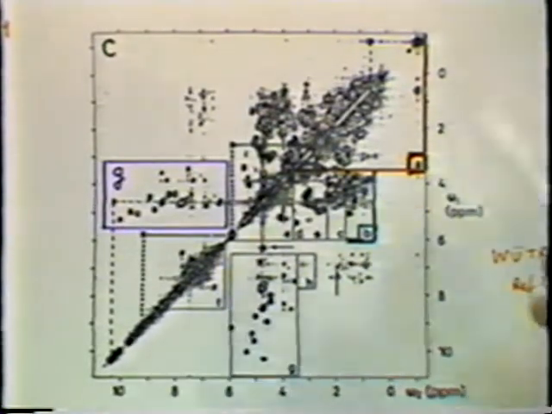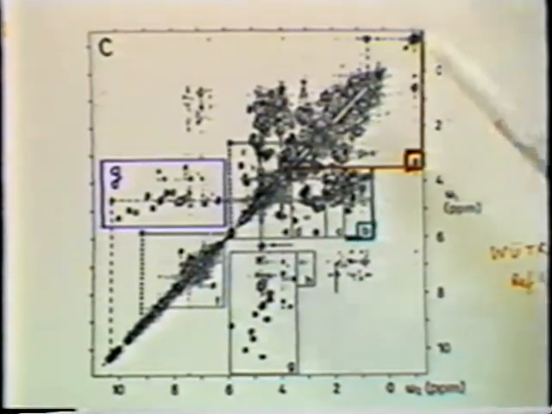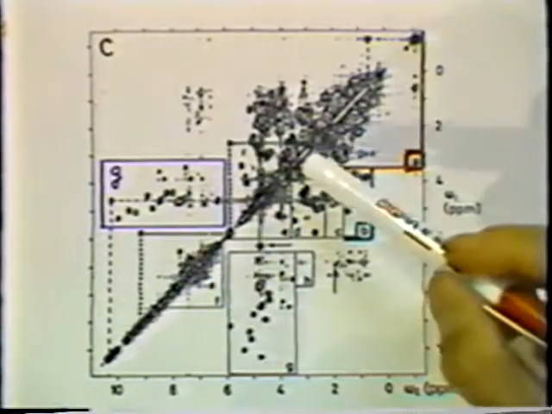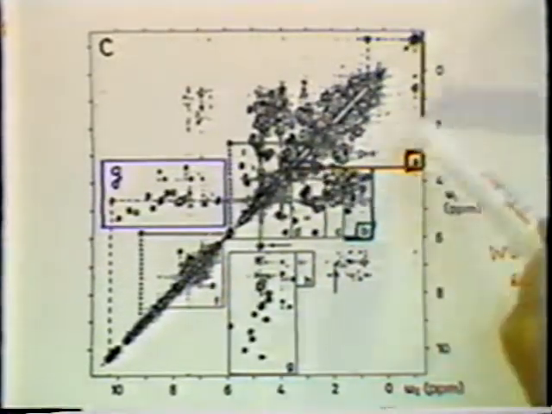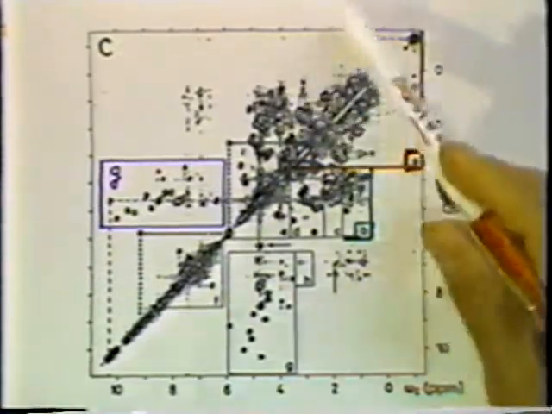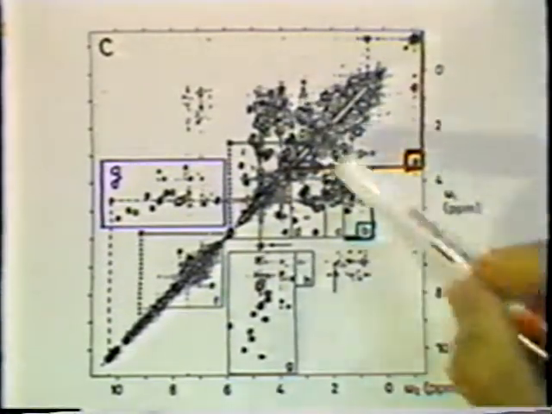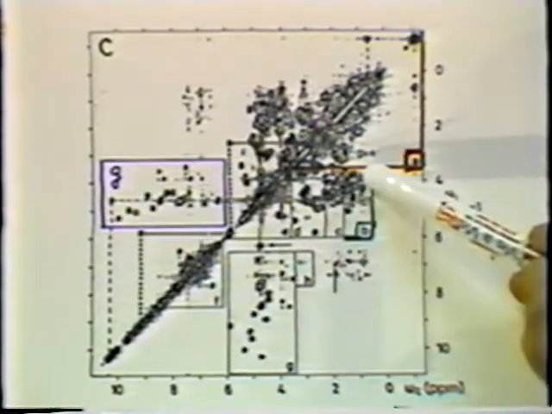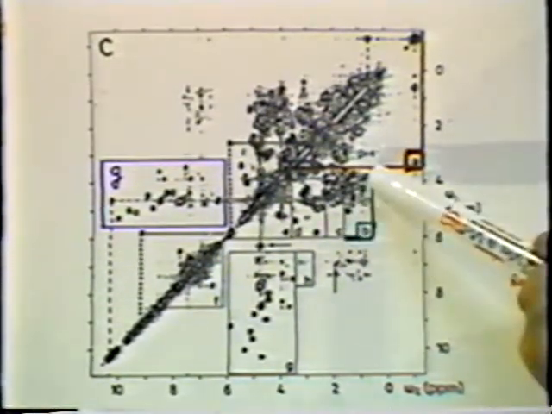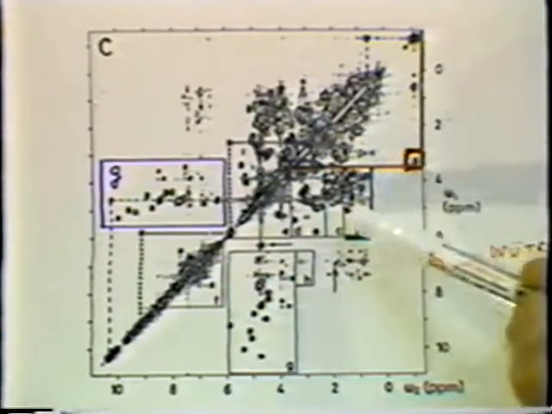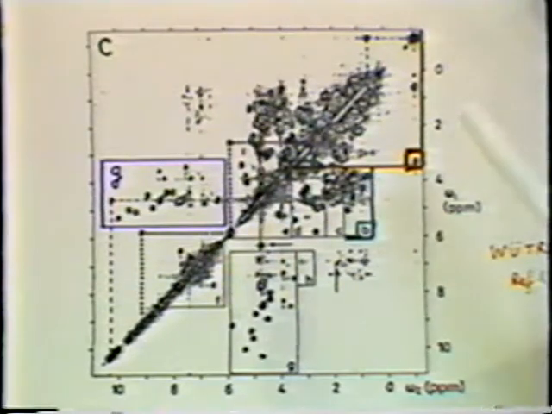This is the region in which the non-labile, non-aromatic side chain resonances give signals and cross peaks among themselves. A complex region. This region gives us cross peaks between the alpha and the beta, or alpha and the methyl protons of alanine and threonine.